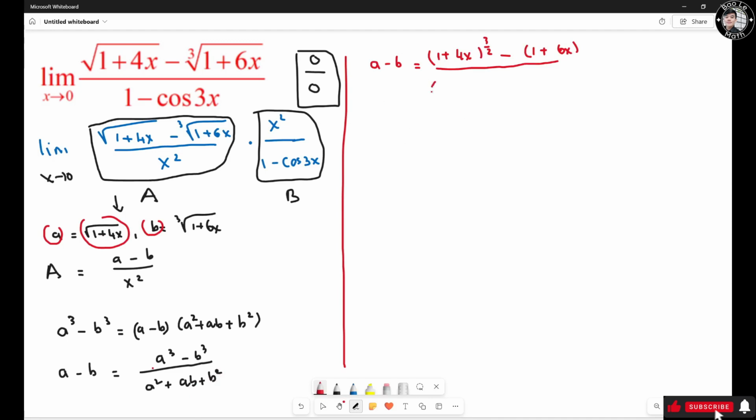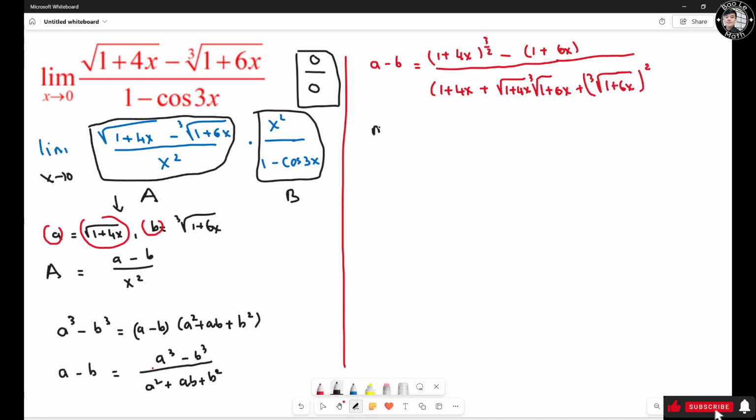So it turns out to be 1 plus 4s plus the square root of 1 plus 4s times the cube root of 1 plus 6s plus the cube root of 1 plus 6s squared, right?